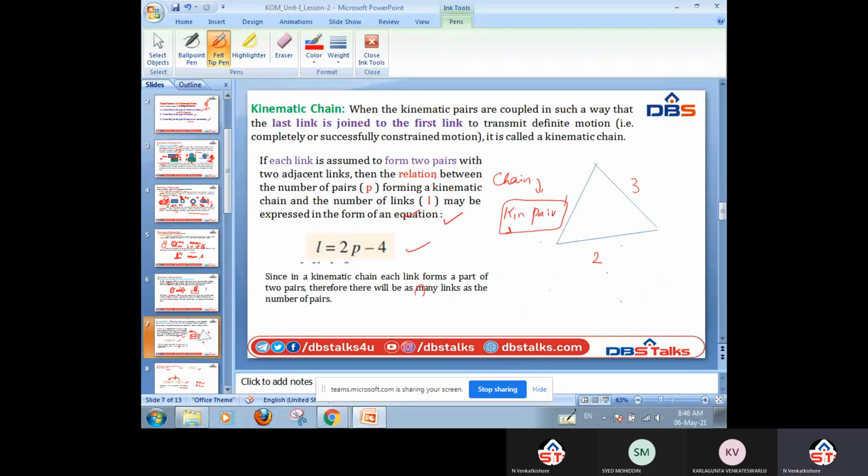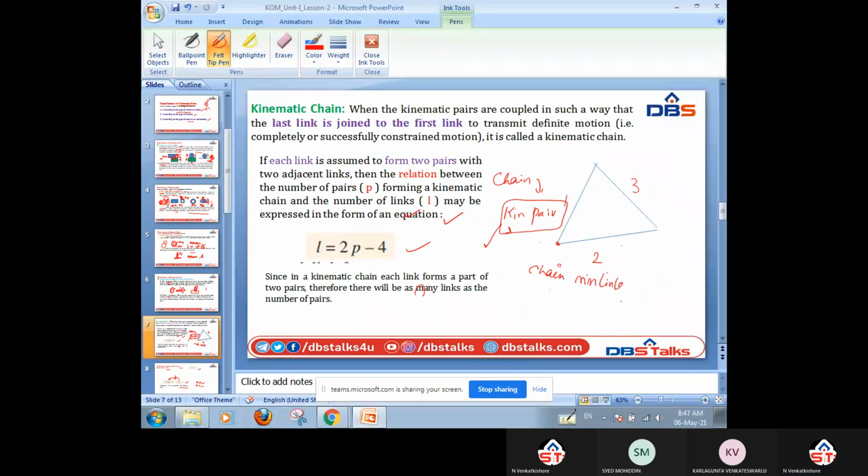Next, kinematic chain. When the kinematic pairs or links are arranged such that the first link is connected to the last link, we call it a kinematic chain. So simply, for any kinematic chain, how many minimum links are required?